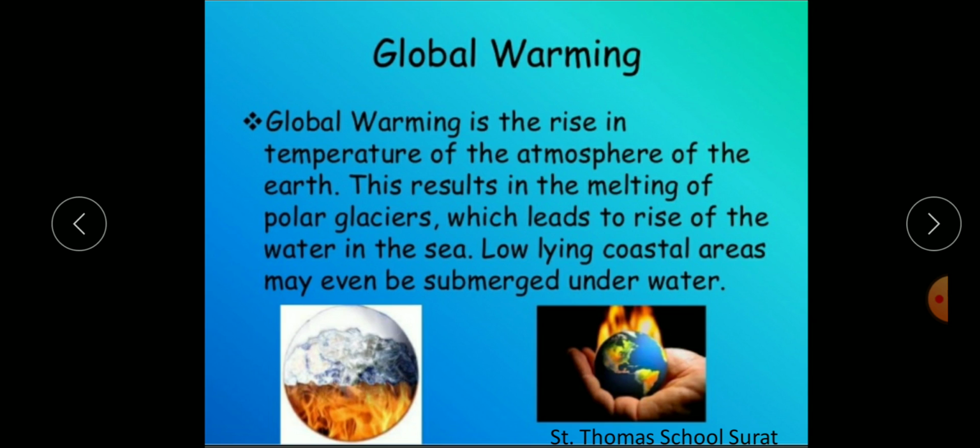Then we learned that the increasing percentage of carbon dioxide in air has been linked to global warming. Yes or no? And the oxides of sulfur and nitrogen are produced by the burning of coal, diesel and petrol. What do they cause? They can cause acid rain, which is harmful for buildings, crops and soil. Hope, students, that you understood this chapter.